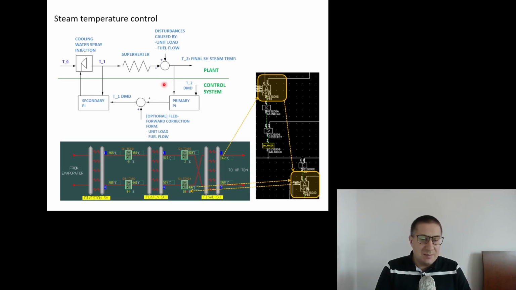Plus the SCADA system. So I think you have all the bricks to start a new video about integration of the AI algorithm within the control system. I will talk about this in the next video.